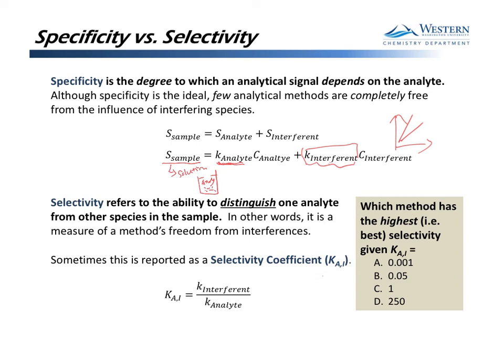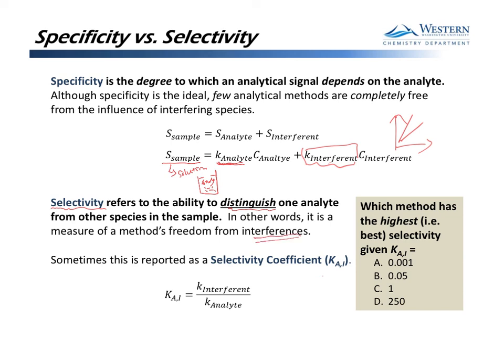Okay, so besides sensitivity and specificity, another figure of merit is called selectivity. Selectivity refers to the ability to distinguish one analyte from another species in the sample. Okay? In other words, it is a measure of the method's freedom from interferences.